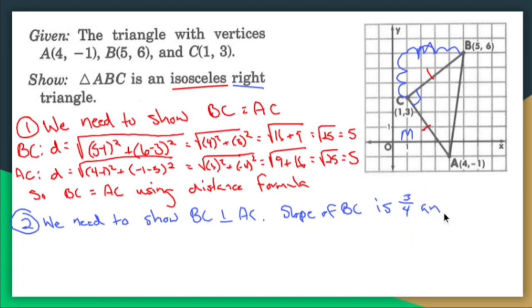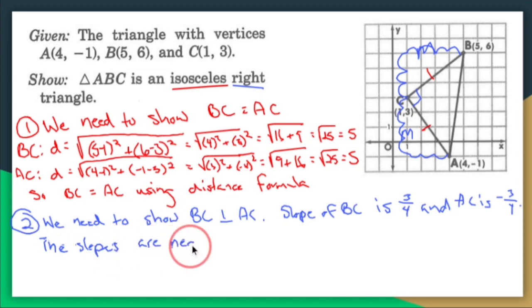And AC is down 3, over 4, so negative 3 over 4. The slopes are negative reciprocals.